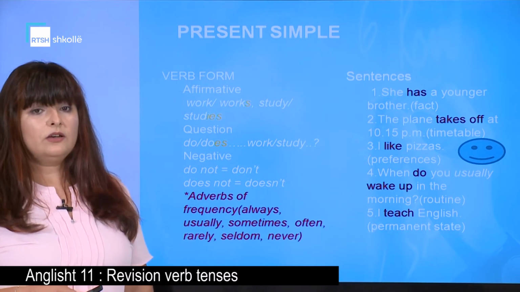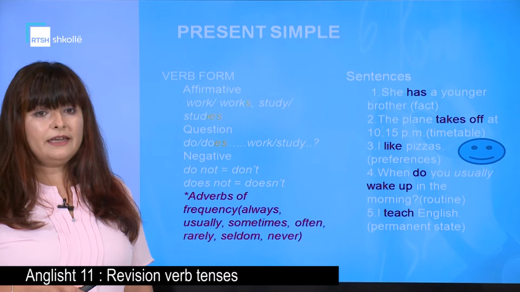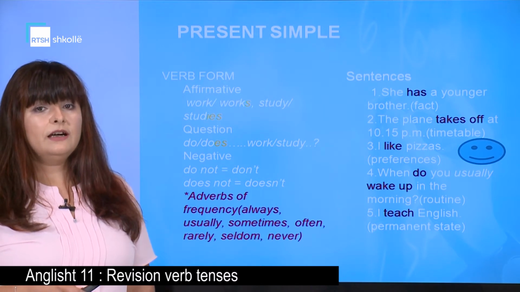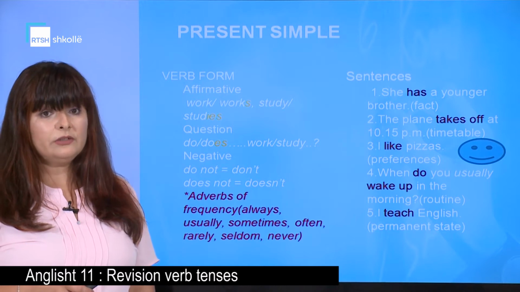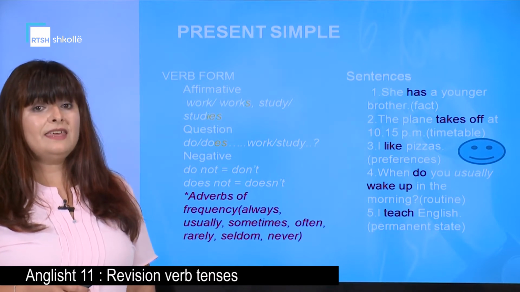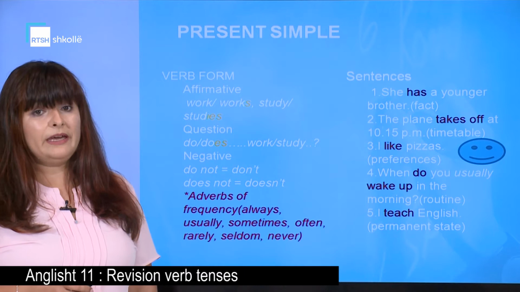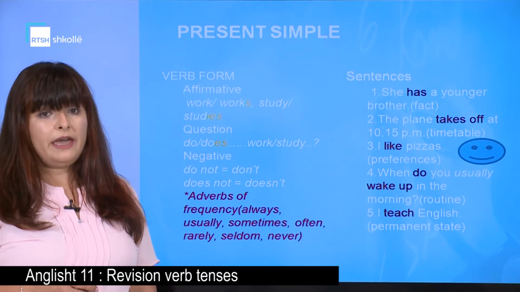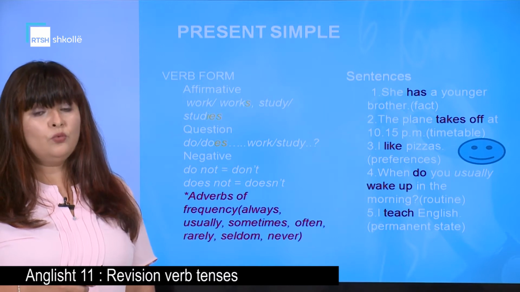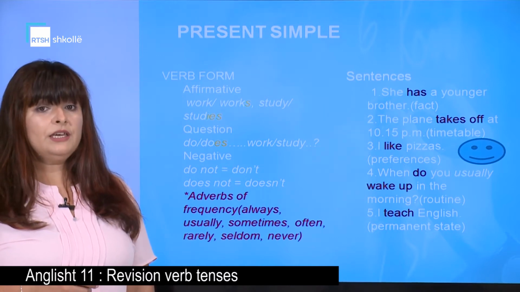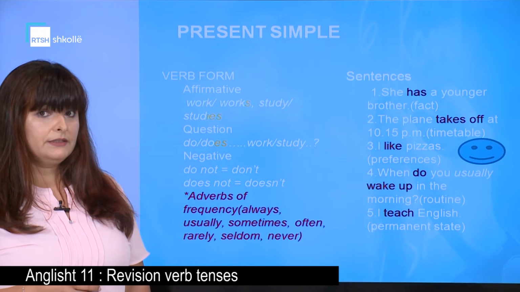What is that? If I say I, the subject, the verb is I work. But if I take the third person singular, it takes the S or ES. It depends on the cases. So we have I, you, we, they work, and he, she, it works.